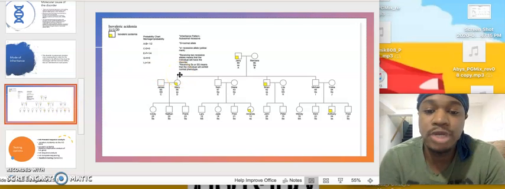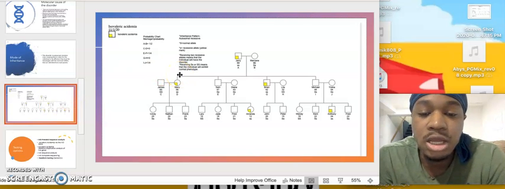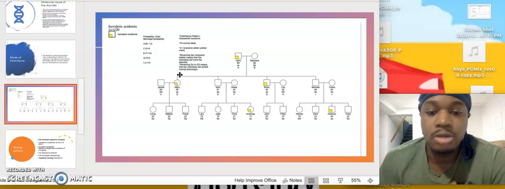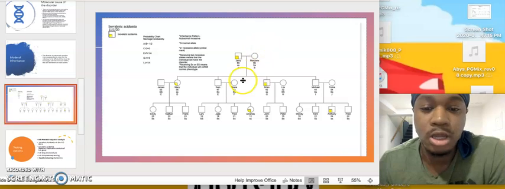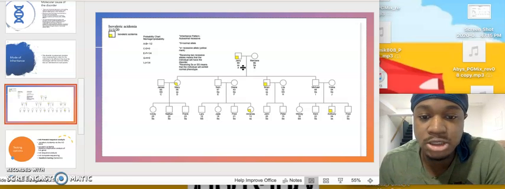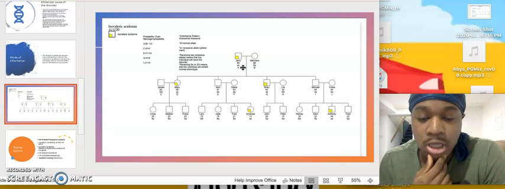So this is a pedigree that illustrates the inheritance pattern of my disorder. As you can see, Jerry here is exhibiting the recessive trait because he is homozygous with the recessive allele, which is represented here as two lowercase s's.